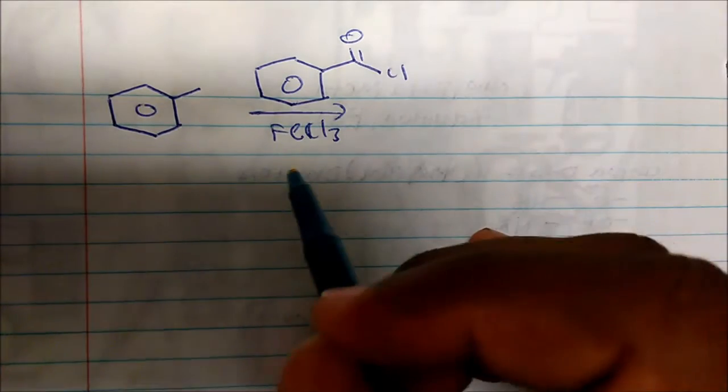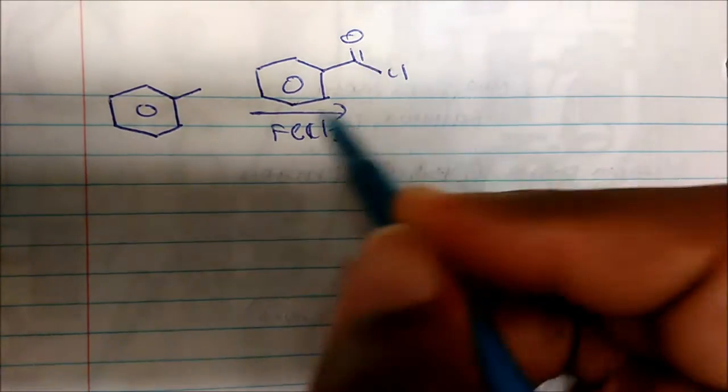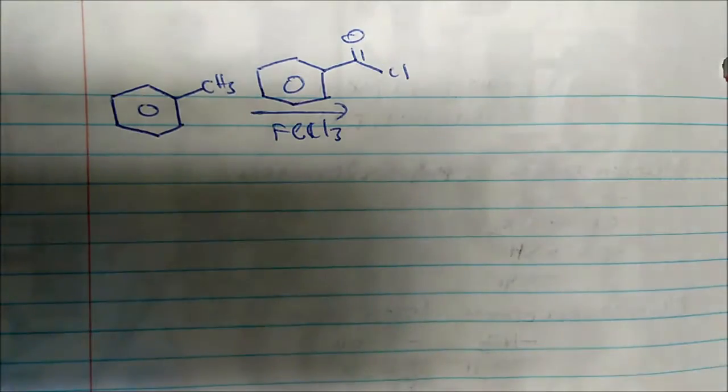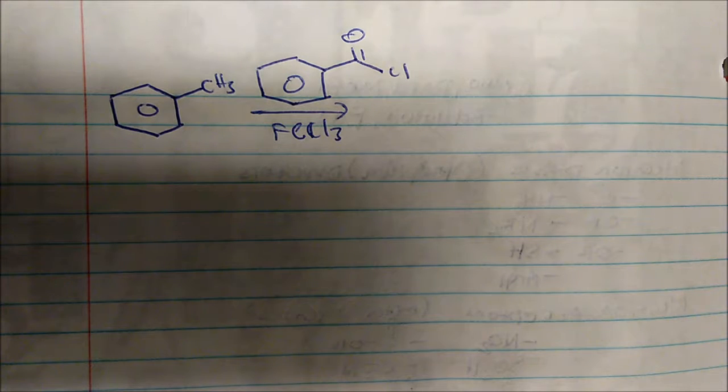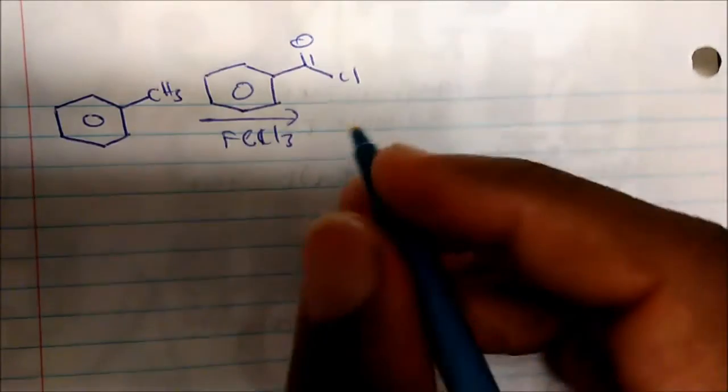Well, you see that this is Friedel-Crafts acylation. We're taking an acid chloride and adding onto the benzene ring. Remember, this is a CH3. I see no double bonds there, so it's not an electron acceptor, so it's an ortho para director. Therefore, I'm going to get a mixture of products.